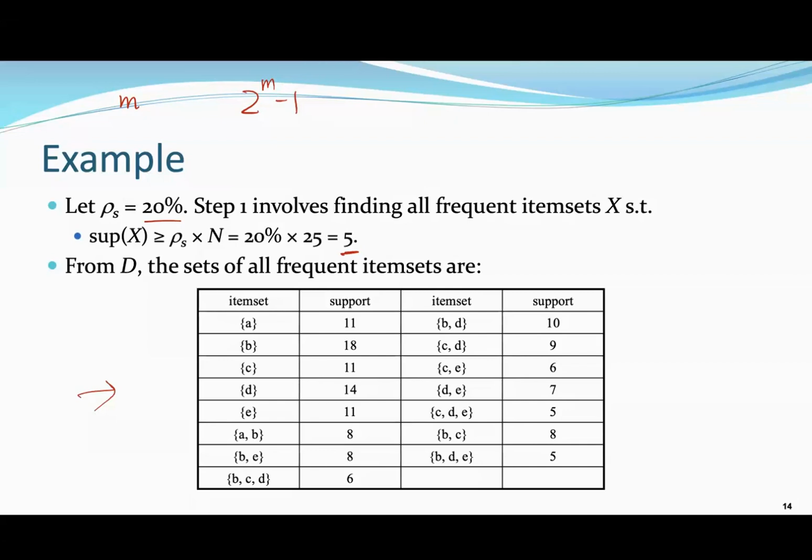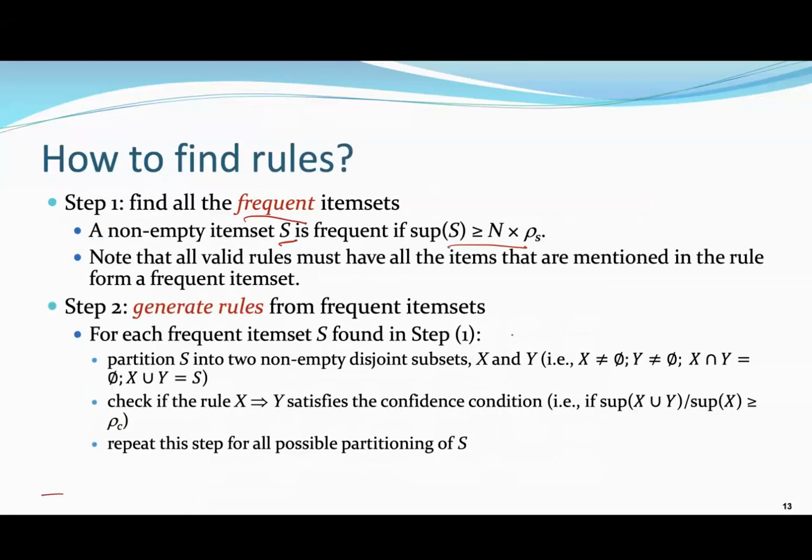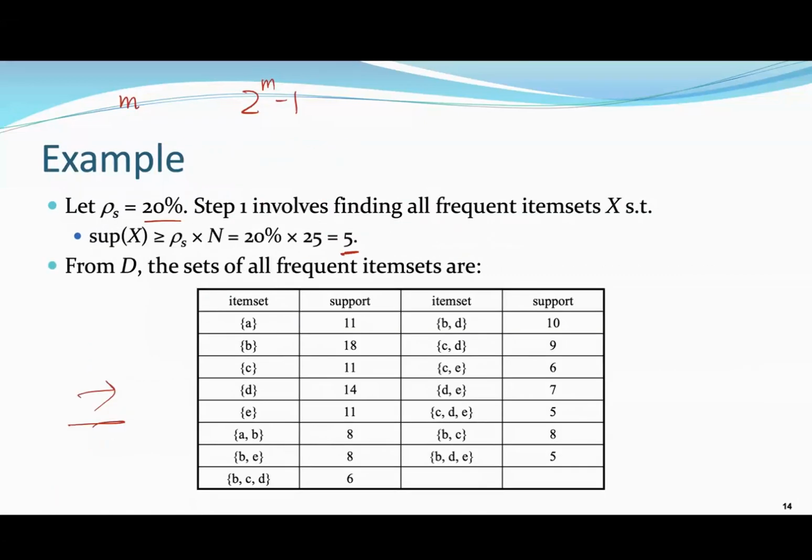So after the frequent item sets are obtained, such as in this table, what we need to do next, which is the second step, is to generate the rules. So how do we generate the rules? Well, we take any frequent item set that we discovered in the first step, and if that item set consists of at least 2 elements, we'll try to derive rules from it.